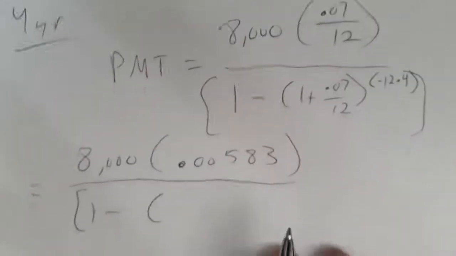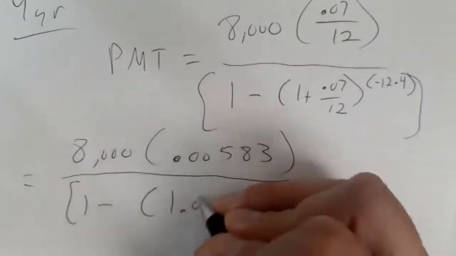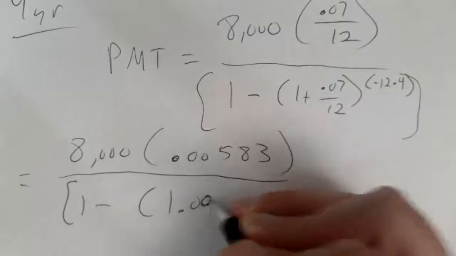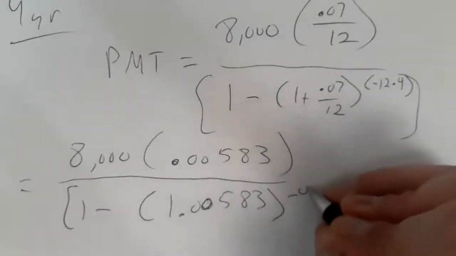I'm going to probably just start doing this step all in one step. So if this is 0.00583, this is 1.